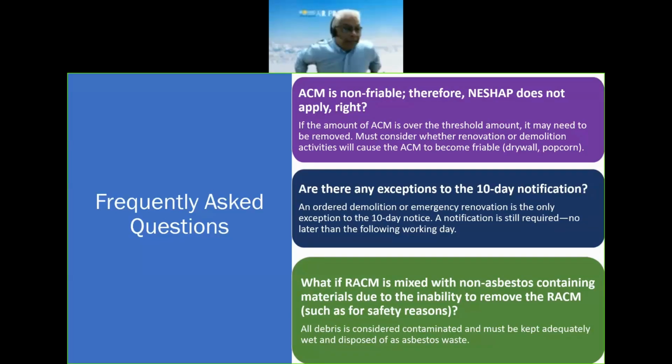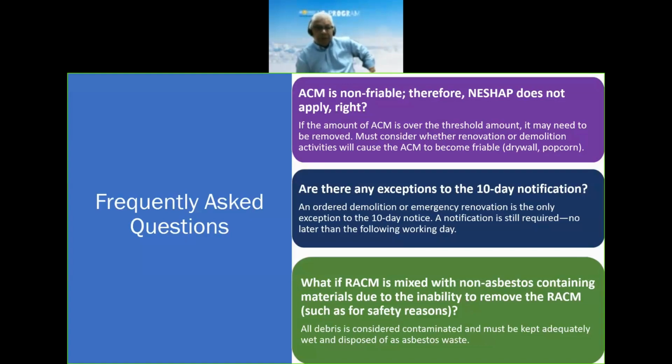Thank you, Teddy. Going over the fundamentals, appreciate that. So if our ACM, asbestos-containing material, is non-friable, therefore NESHAP does not apply, right? Well, it depends. If the amount of asbestos-containing materials is over the threshold amount, and we're talking 160 square feet, 260 linear feet, or 35 cubic feet of asbestos waste in bulk, it may need to be removed.